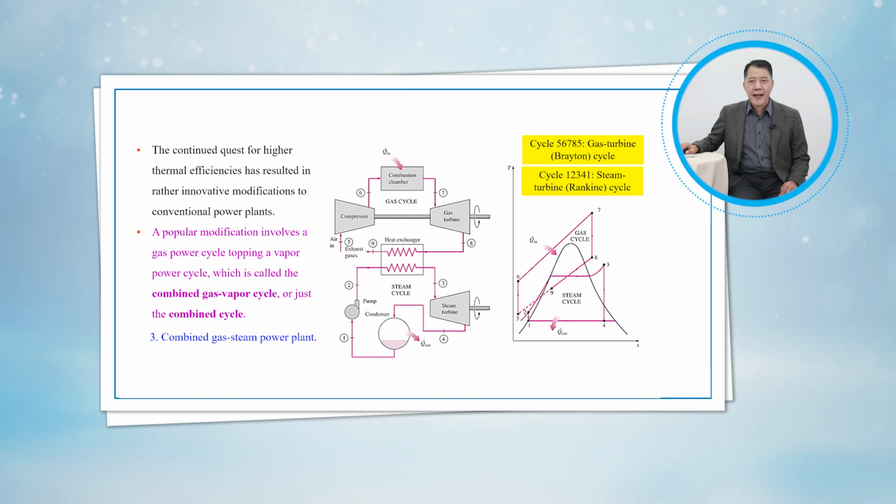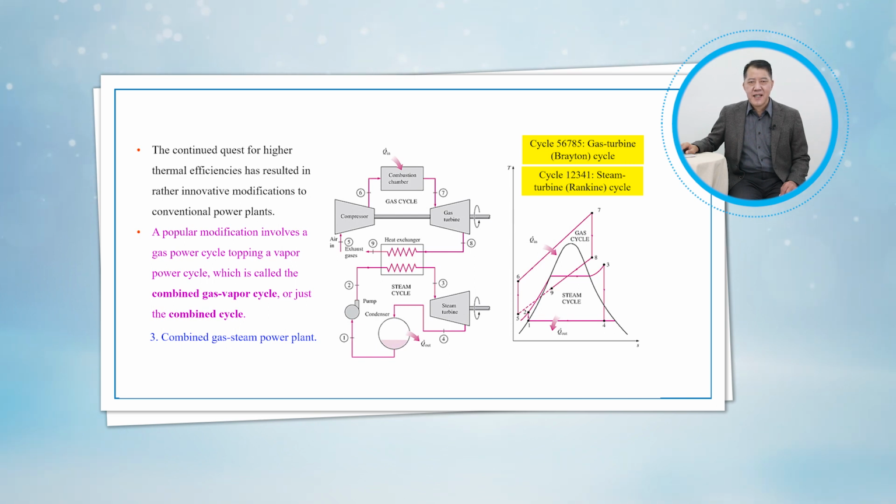Because of the higher average temperature at which heat is supplied, gas turbine cycles have a greater potential for higher thermal efficiencies. However, the gas turbine cycles have one inherent disadvantage.